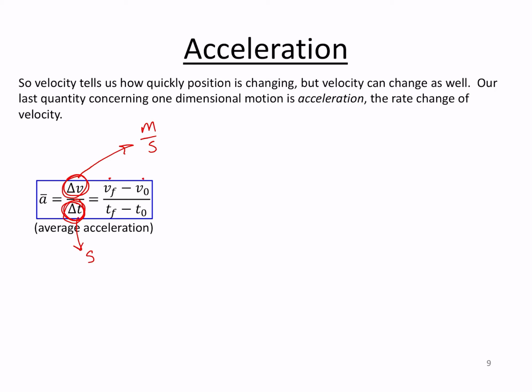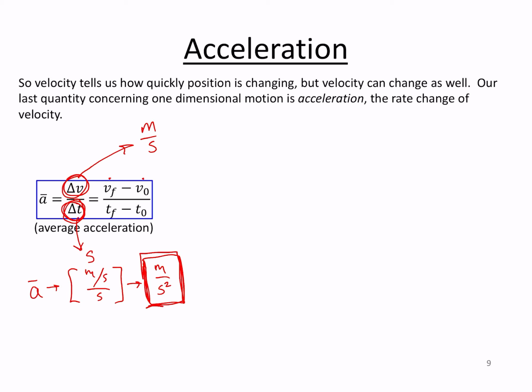So acceleration has units of meters per second per second, which is a little bit of a mouthful, though it gets the point across. So usually that's reduced to meters per second squared, okay? Not meters squared over seconds squared, but meters over seconds squared if you do a little bit of algebra on the units there. And that's what we'll be using predominantly in this class to describe accelerations, all right?